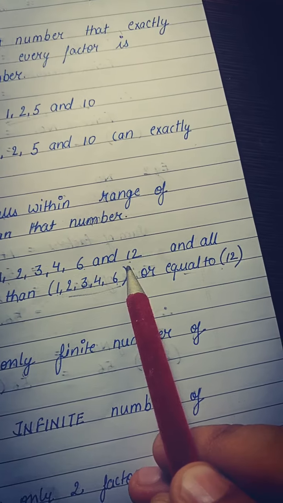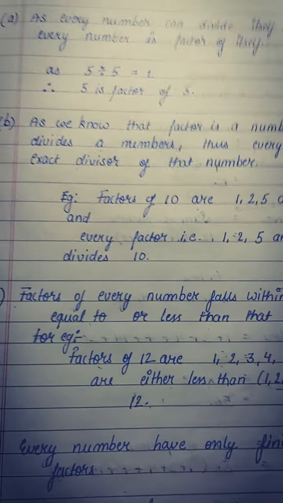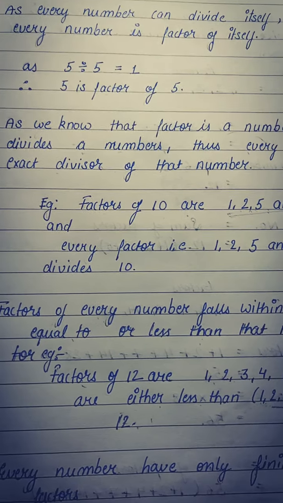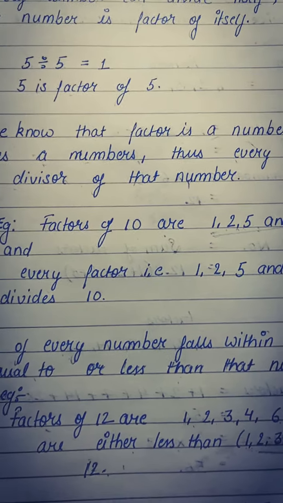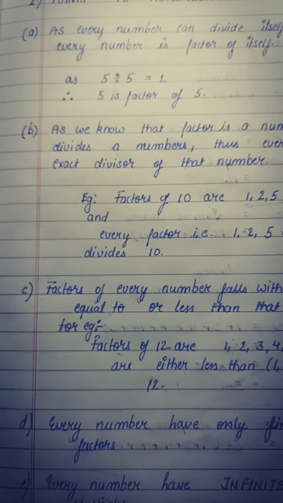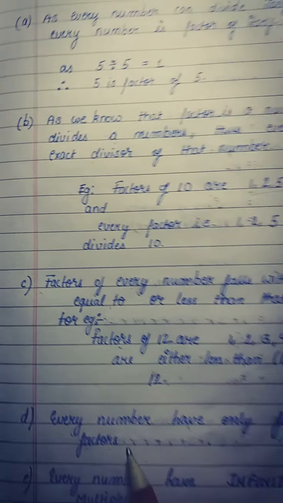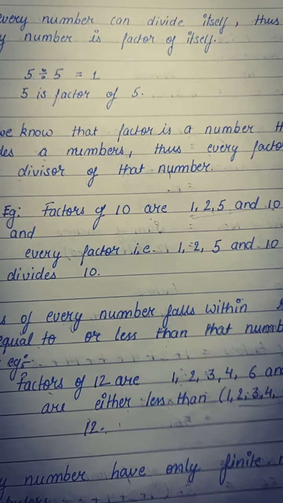All the factors of any number are either less than that number or equal to that number. Clear?